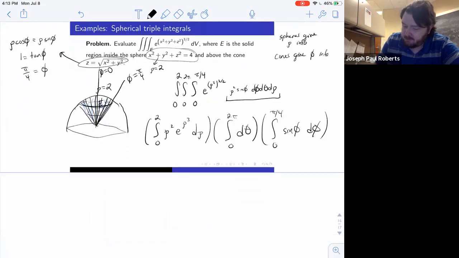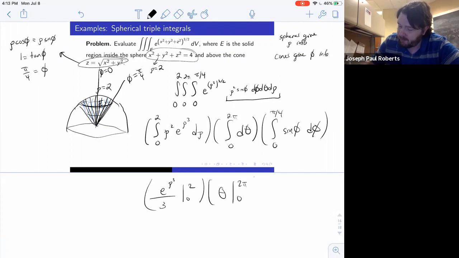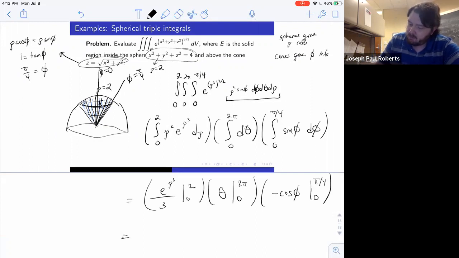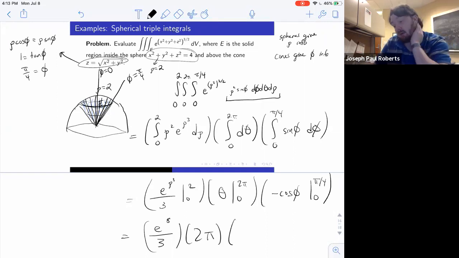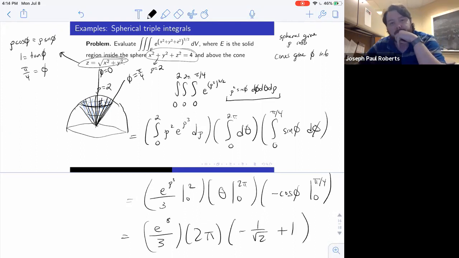So if I do a substitution, u equals rho cubed, this is e to the rho cubed over 3 between 0 and 2 times theta between 0 and 2 pi times minus cosine phi between 0 and pi over 4. So I get e to the 8th over 3 times 2 pi times minus 1 over root 2 minus negative 1 is plus 1. And there we go.